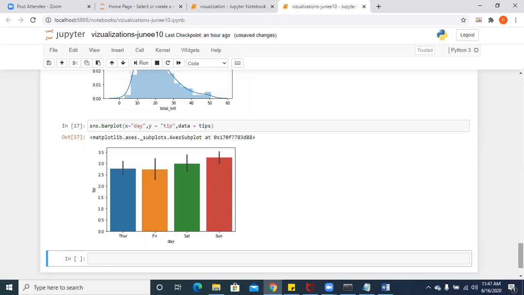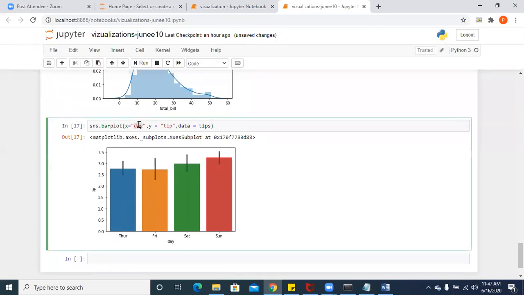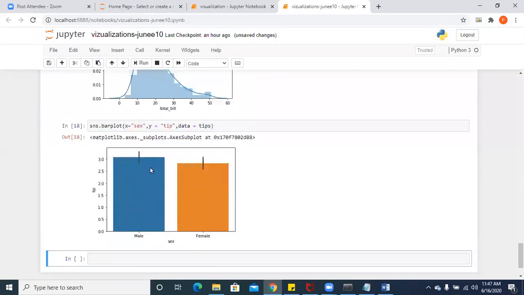What is the thing that you can see? On Sunday, the tip is more. You can say that on weekends, the tip given by the people is more. Who is giving more tip?